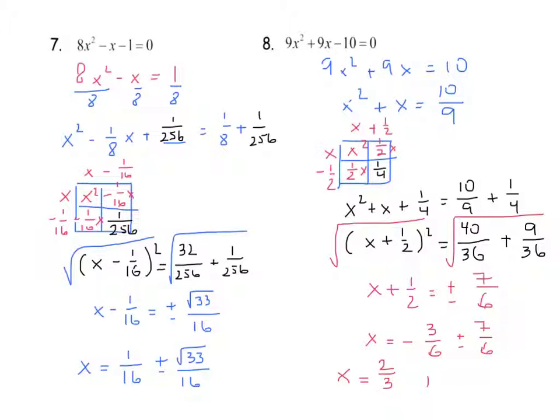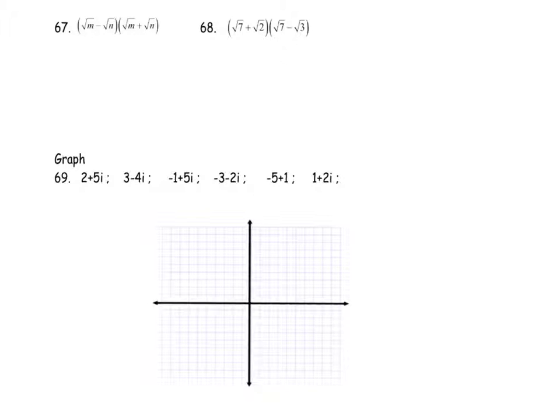And for the second part, I will have negative 3/6 minus 7/6, which is negative 10/6, or negative 5/3.